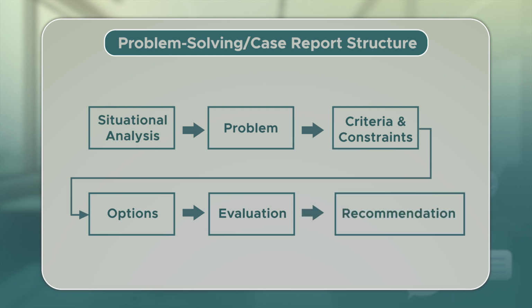This is a very classical structure used to analyze and report a problem-solving situation, be it in the classroom or in real life. Start with the background, define the problem, establish the criteria and constraints, list the options, evaluate them against the criteria and constraints, and then come up with your recommendation. This is a very useful framework for you to use.